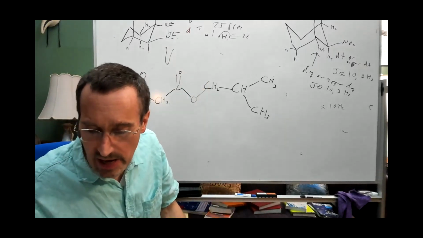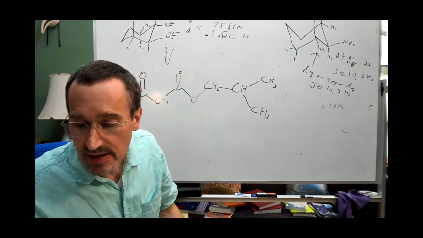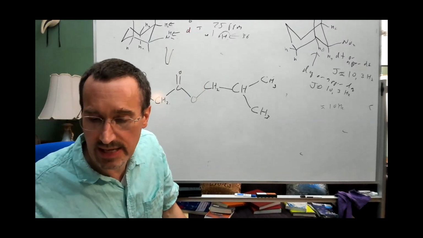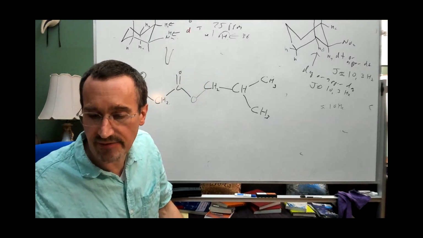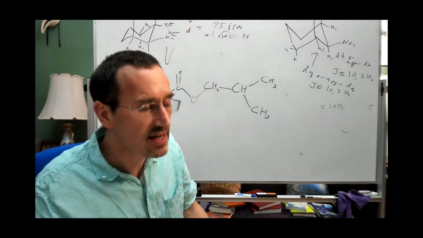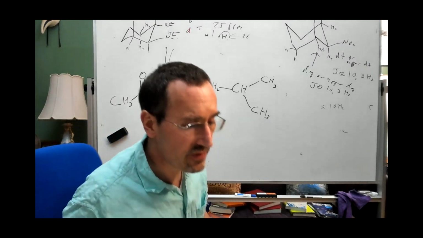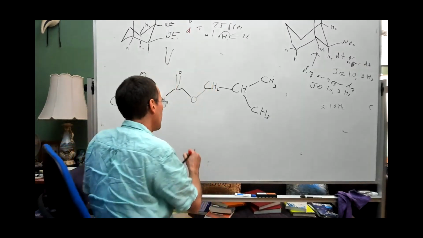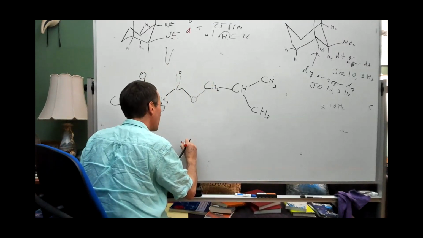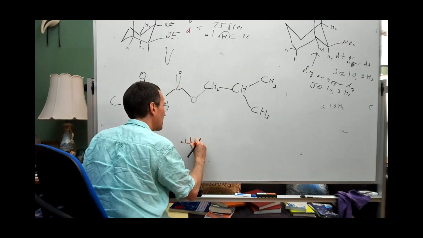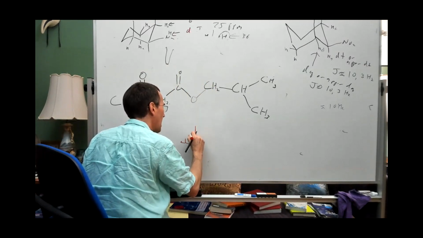And a perfect nonet, based on my Pascal's triangle, is 1 to 8 to 28 to 56 to 70 to 56. What caught me was a sort of spiky little bit at the middle. We see a little nubbin over here, and then a peak, and then a peak, and then something that comes up pretty high. I'm exaggerating it a little bit.